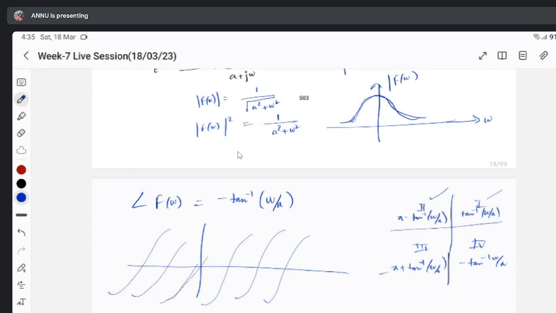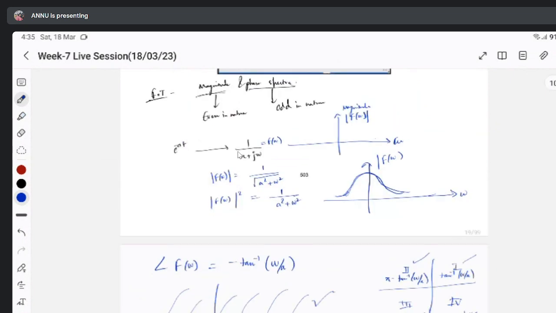But what I'm trying to say is that for an odd function, the magnitude at zero should be zero. First of all, you want to check like this: the magnitude of an odd function F of omega at 0 should be 0. Then you have to see the symmetry with respect to the origin. And you find this is symmetric with respect to the origin. So these are the properties of the magnitude and phase spectra.